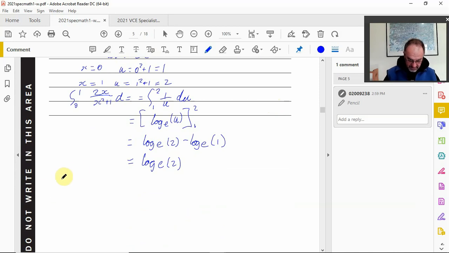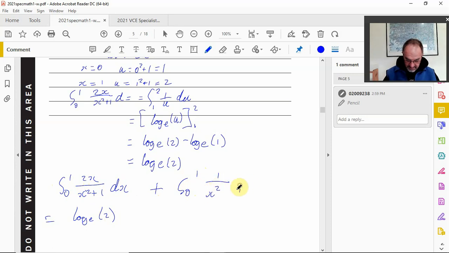All right, so I'm going back now, and the first bit that I had, the 0 to 1 of 2x over x squared plus 1 dx, is log to the base e of 2. The other part is 0 to 1 of 1 on x squared plus, whoops, that's not right, the plus 1's not there, the plus 1 is here, dx.